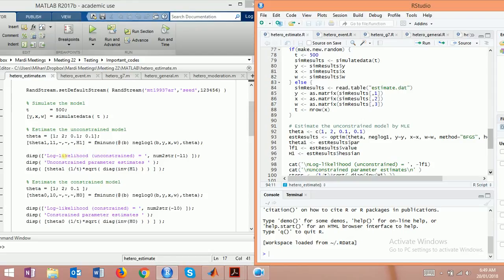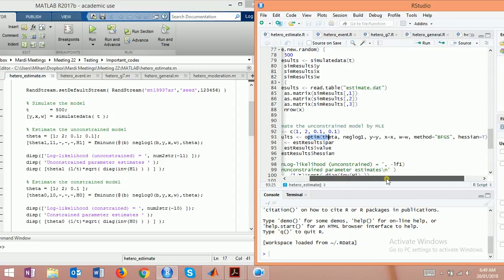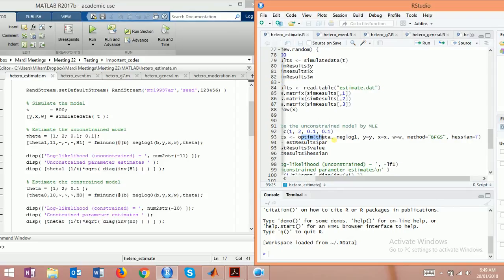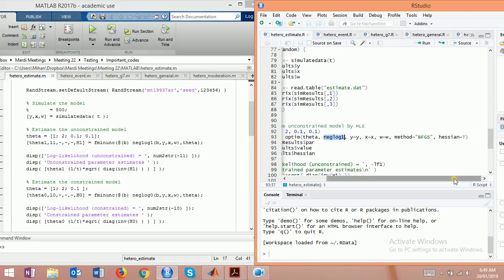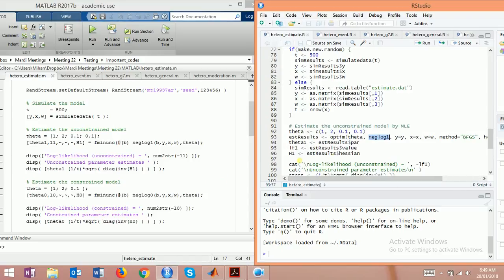Then estimate results, where optimization is the par theta initial value, neg log 1, y equals y, x equals x, omega equals omega, method BFGS, and Hessian is true. So theta 1 is stored in par, so estimate results at par.